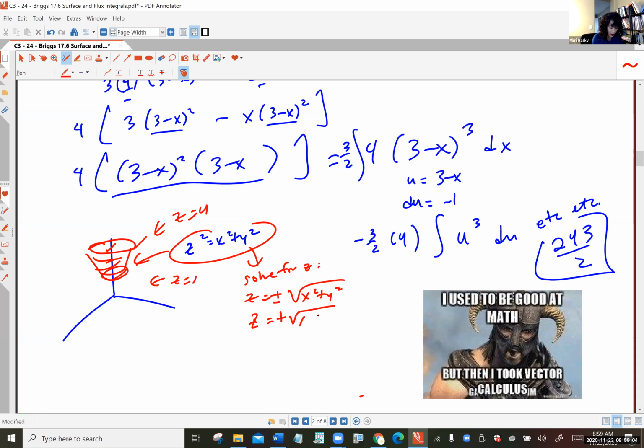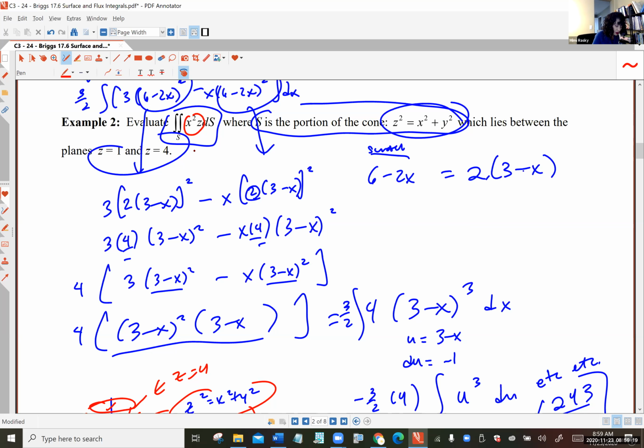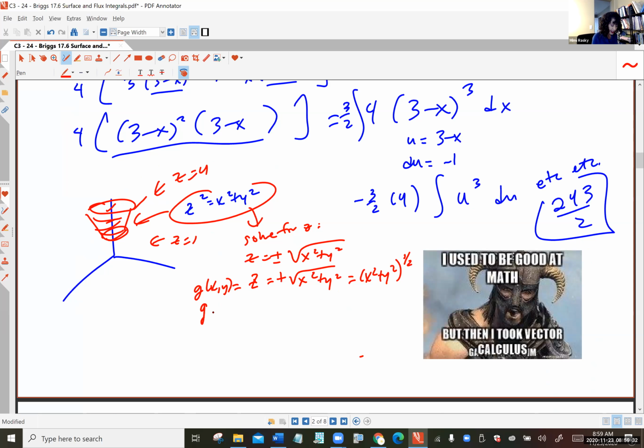And further, this is the little g of x, y in the theorem. So don't get confused and think that this is the density function, because they gave us the density function. x squared z is the f of x, y, z in the theorem. So you don't want to get confused between f and g. Okay? So now what? I need to get little g_x and little g_y. I need to get those partials.